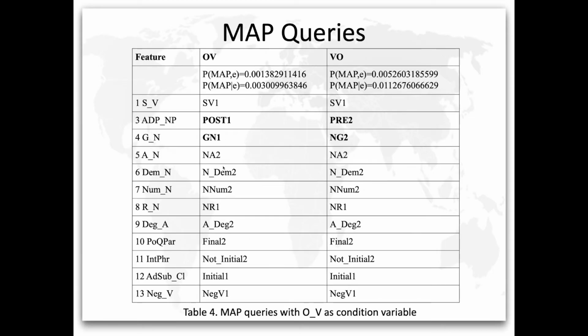You can see when it's OV, the most likely combination of values is such, and when it's VO, the combination is like this. We see ADP, NP, and GN, genitive and noun, are symmetrical. They have symmetrical relations that change with OV.